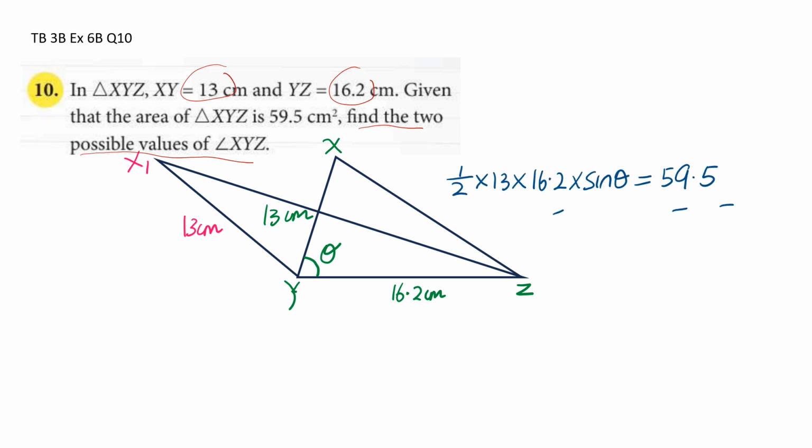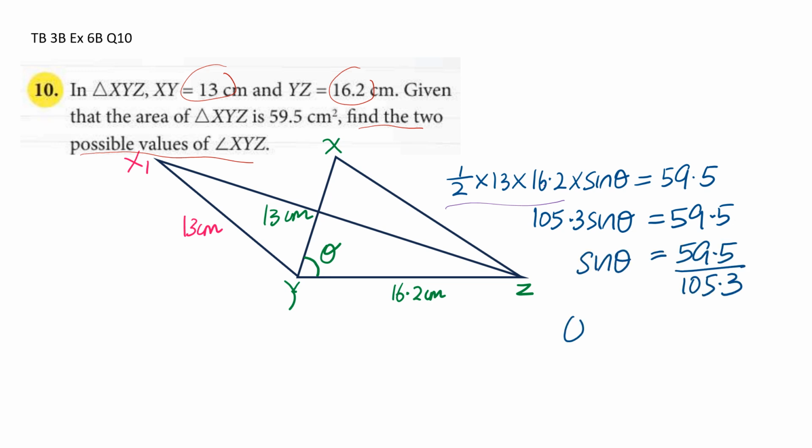Yes, so that will be half times 13 times 16.2 times sine theta. That gives you the area to be 59.5. And then you can basically just use your calculator to work this whole chunk out, which is 105.3 times sine theta gives you 59.5, and you divide by 105.3 on both sides, you get sine theta.